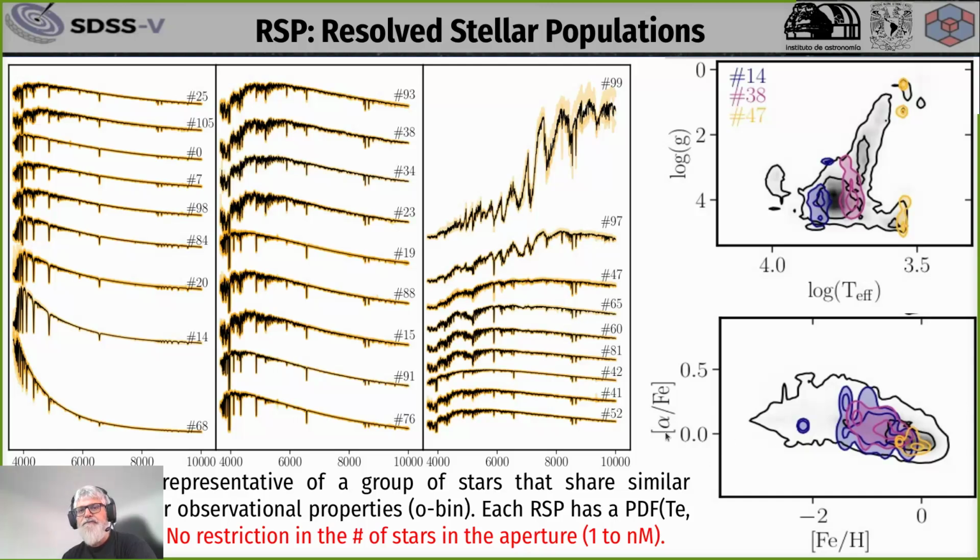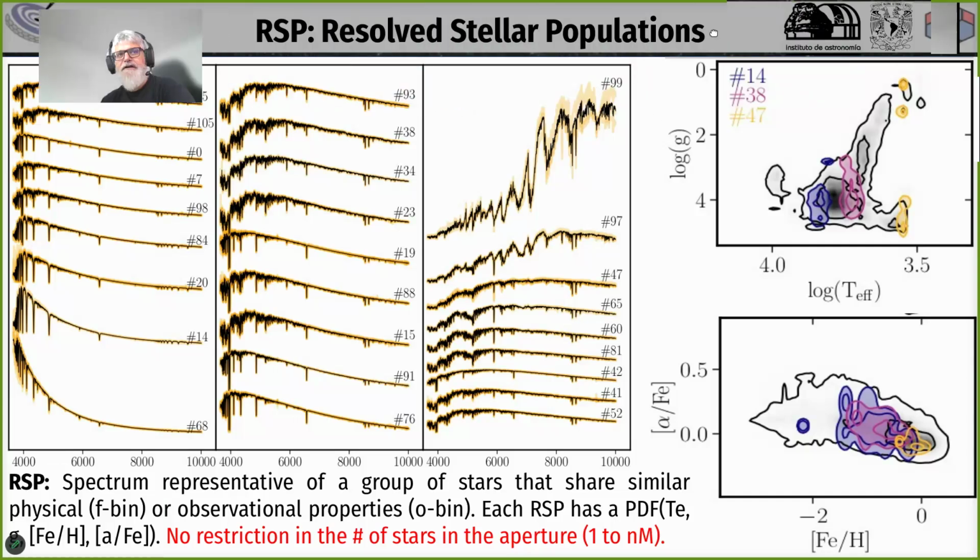This is 35, somewhere, 38 sorry, in here. It's a more average temperature, and again the temperature is very narrow. The gravity covers a wider range, and again a wider range in abundances. And this is the case of this 47. This is a cooler star, and you can see that its temperature is very well defined. But in the case of gravity, it's degenerate, so I have no single peak in the PDF.